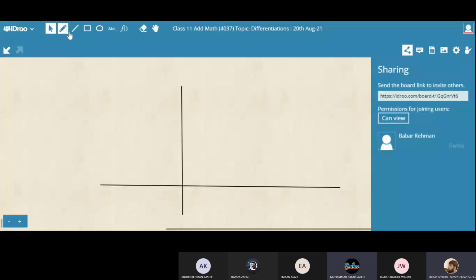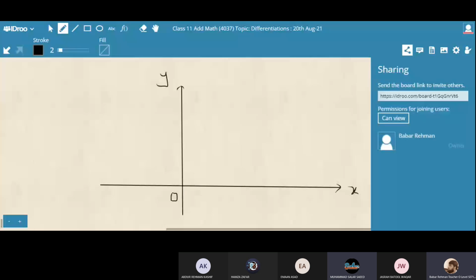Yes, students, we have to sketch the graph. In the exam, you will be given a grid, so you will sketch the graph over there. How can we draw the graph?